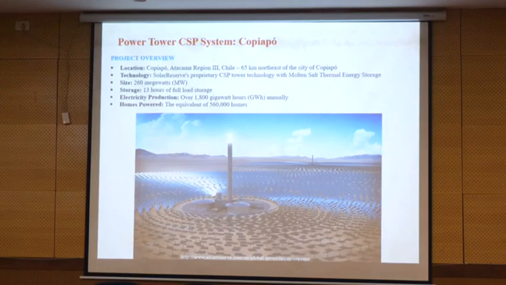Basically, in the conventional system, the angle is not changing. But nowadays, they are trying to adjust the angle of the mirror based on the sun direction. Like a sunflower, rotating. That one is quite expensive.